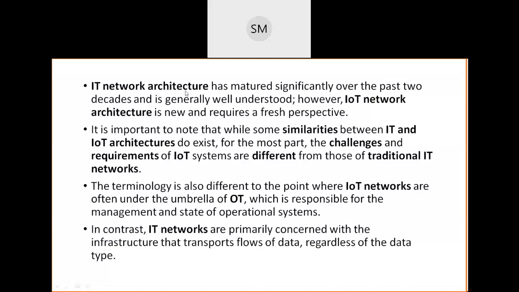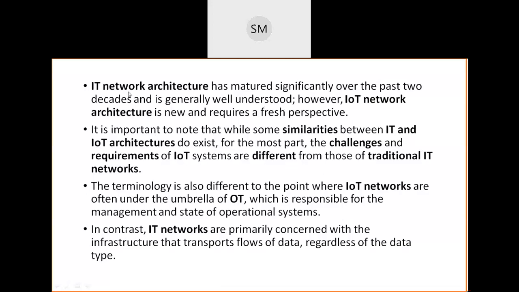IT network architecture has its own maturity over the past 20 years and is generally well understood. But IoT network architecture has developed recently. IoT network architecture is recently developed, correct?